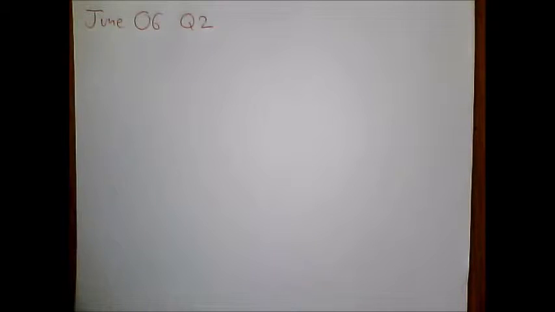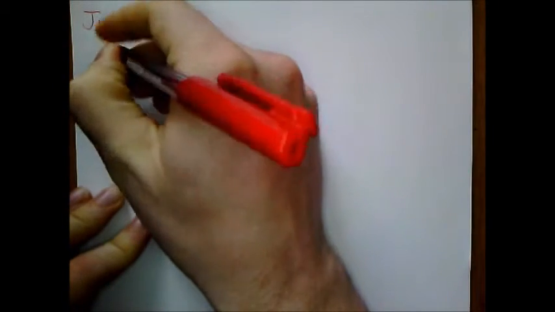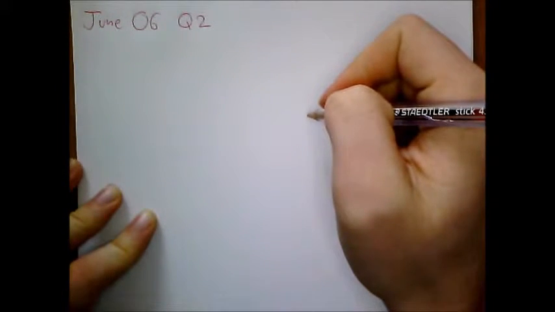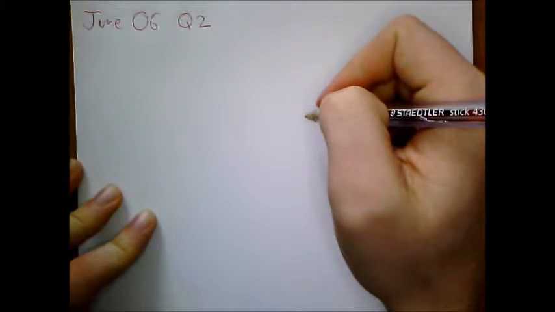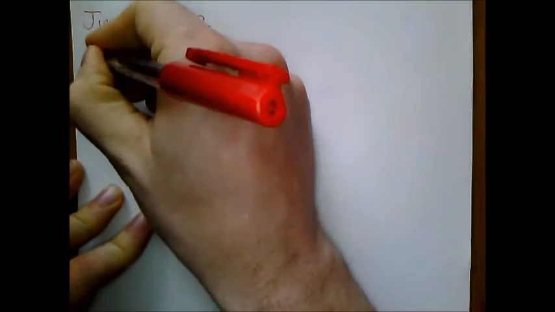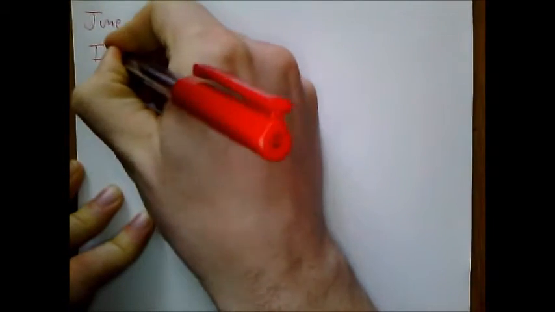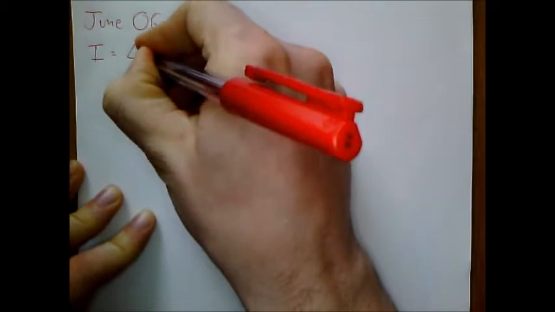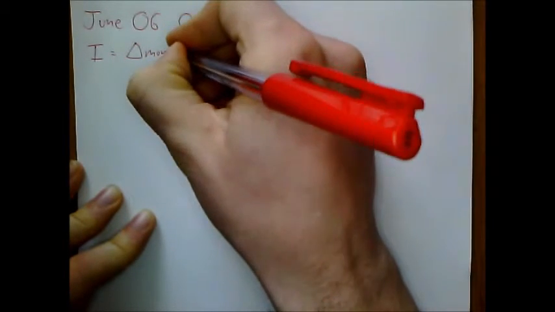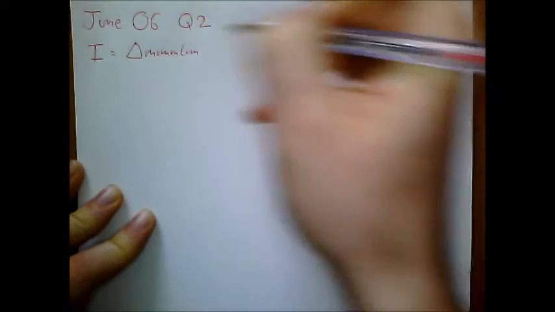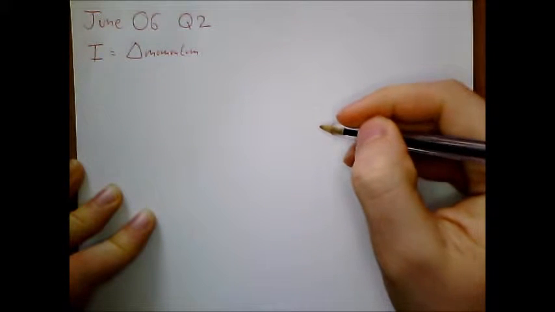So it might look a bit of a confusing question to start off with, but as soon as it tells us to find the impulse, we know that there's going to be some collisions involved or momentum. So I know that the impulse is its change in momentum. So let's model what's happening here.